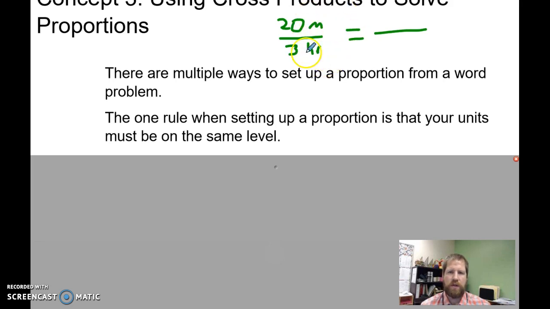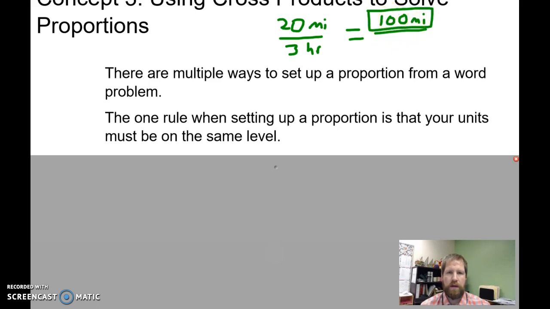If you're going to set up this proportion, you need to make sure that whatever value or variable is in the numerator over here has to be miles. So if this is 20 miles, this one has to be, maybe, 100 miles, or whatever your other ratio is going to be.